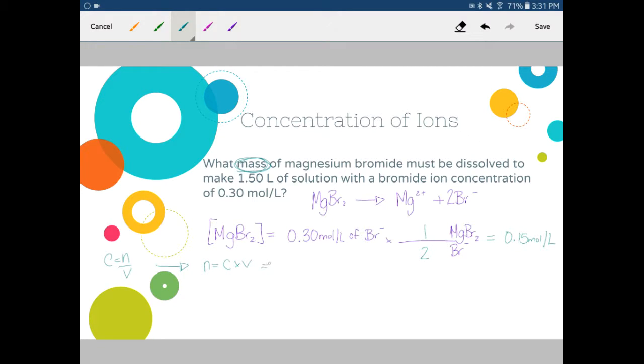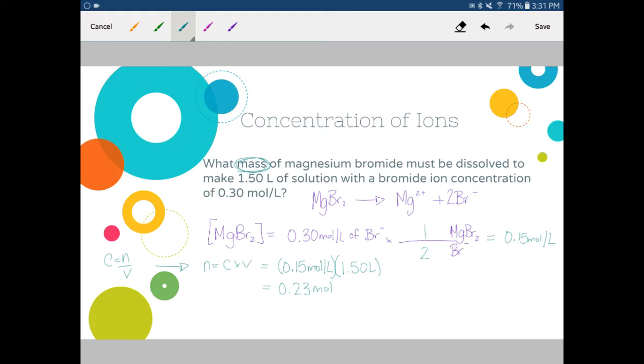When I plug in my values, I get 0.15 moles per liter times my volume of 1.50 liters. This gives me a molar amount of 0.23 moles.